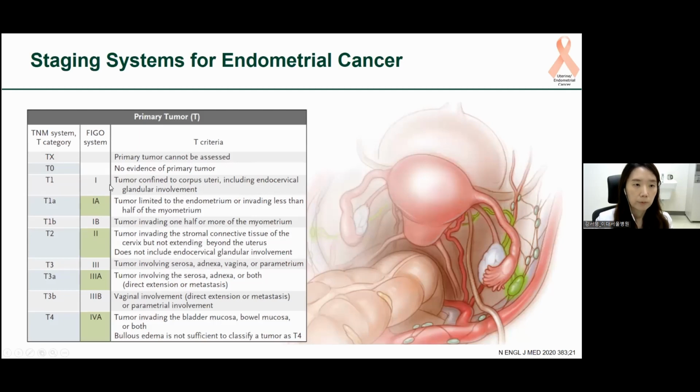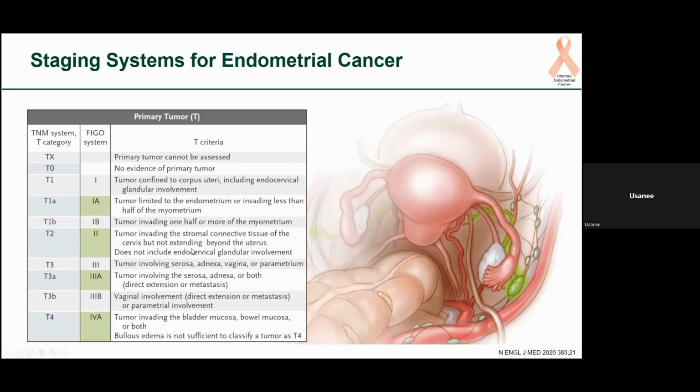So in T1 staging, FIGO stage 1 means tumor confined to the corpus uteri, including endocervical glandular involvement.